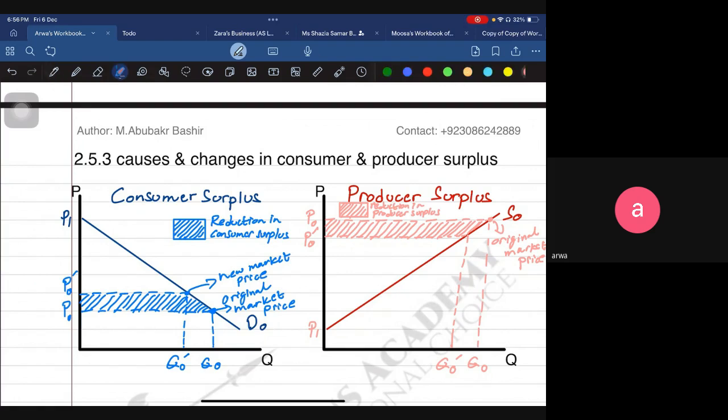And now I'm going to mark the area of the new consumer and producer surplus.